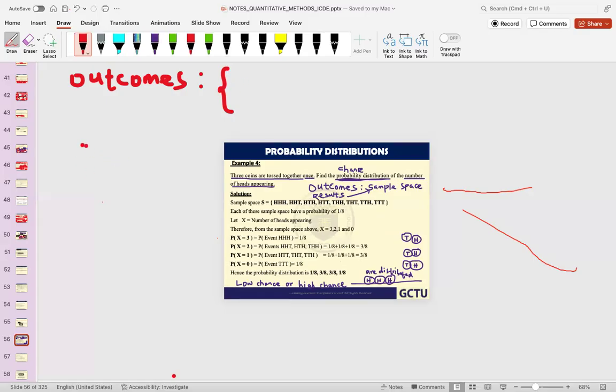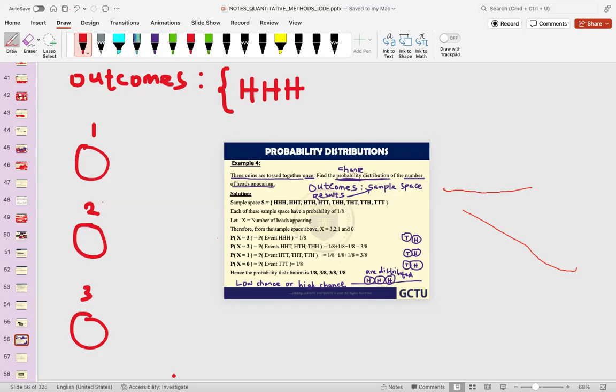These are the coins we have: first coin, second coin, third coin. These are the possibilities. Either the first coin will show head, the second coin will also show head, and then the third coin will also show head.